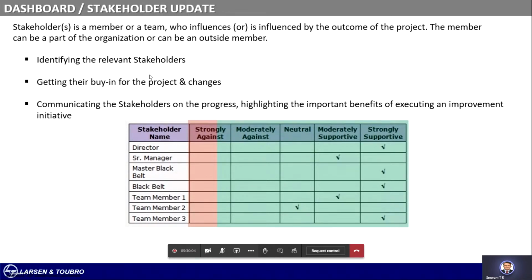And of course, once you have the stakeholder updates done, most of the people have shifted their stand from being strongly against towards strongly supportive, which is the main aim here. And some still remain in the band as moderately supportive. So we can progressively change it, but not instantly.